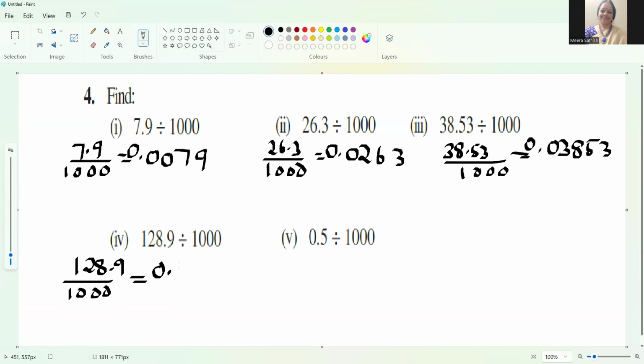So 0.1289. 0.5 by 1000. So total 3 plus 1, 4 decimal places we need. We have only the 5 here. So 1, 2, 3 zeros you have to put. I hope you understood this. Don't make the mistake. Do it correctly. Practice it. Now, question 5.